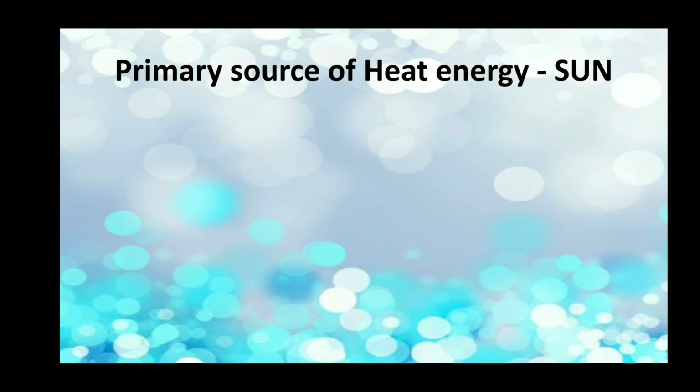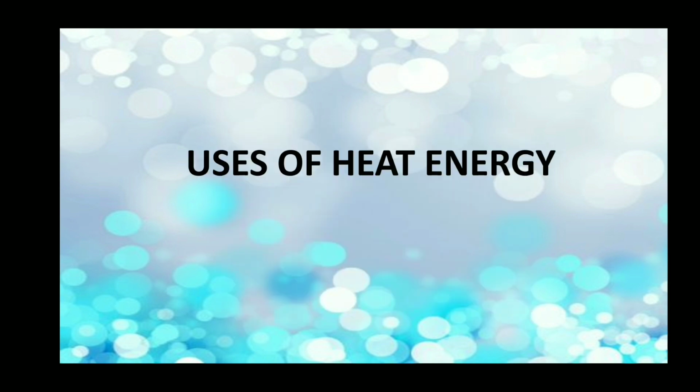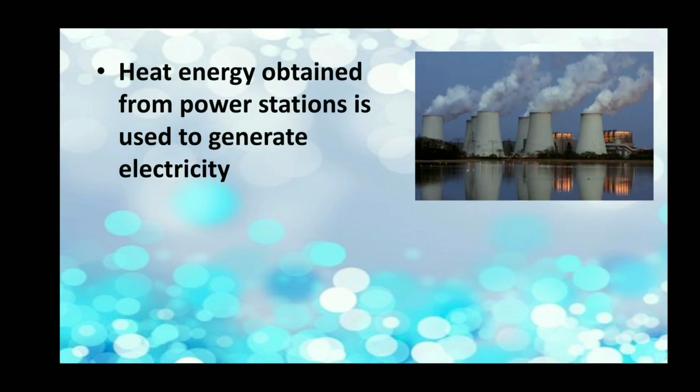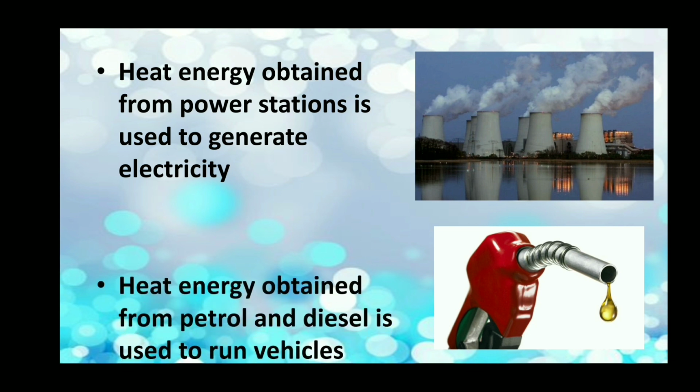We all know that the primary source of heat energy is the sun. Now, we can see some uses of heat energy. Heat energy is used to generate electricity from thermal power plants. Heat energy that we get from fuels like petrol and diesel is used to run vehicles. Heat also helps us to cook food.